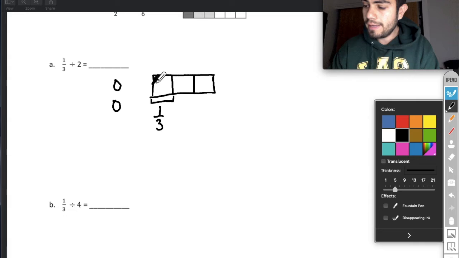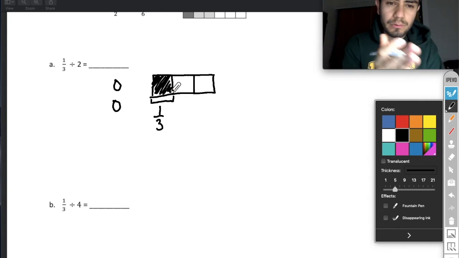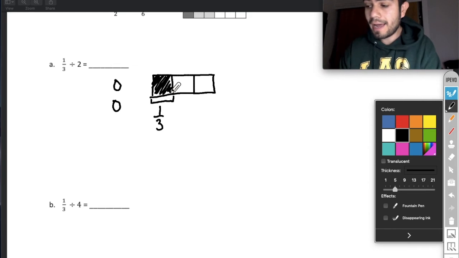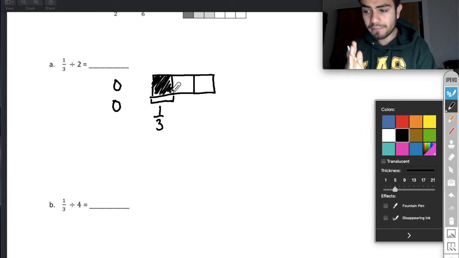Now, I can't share this whole piece right now into or divide it by 2. So I can't share that equally to those 2 people. But what I can do is I can cut each of those thirds in half.